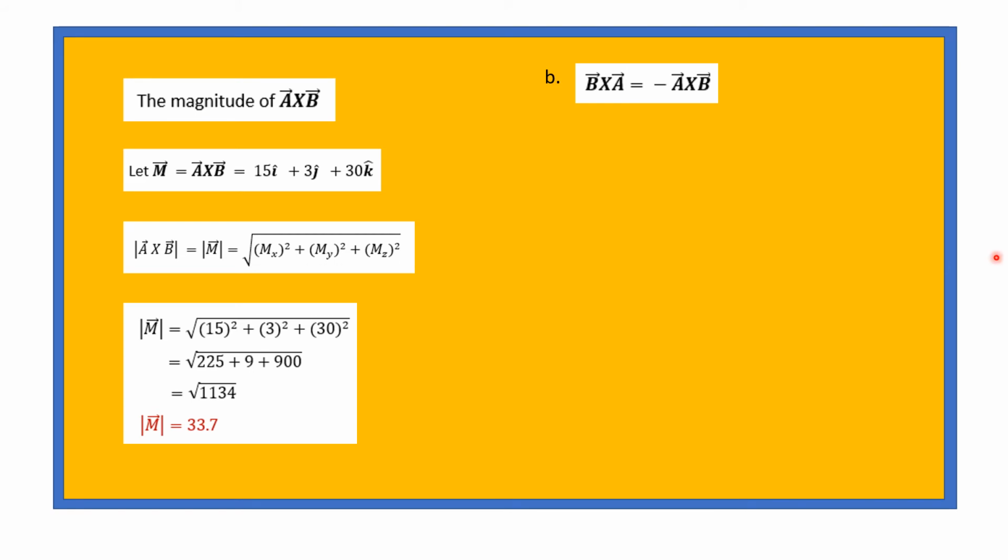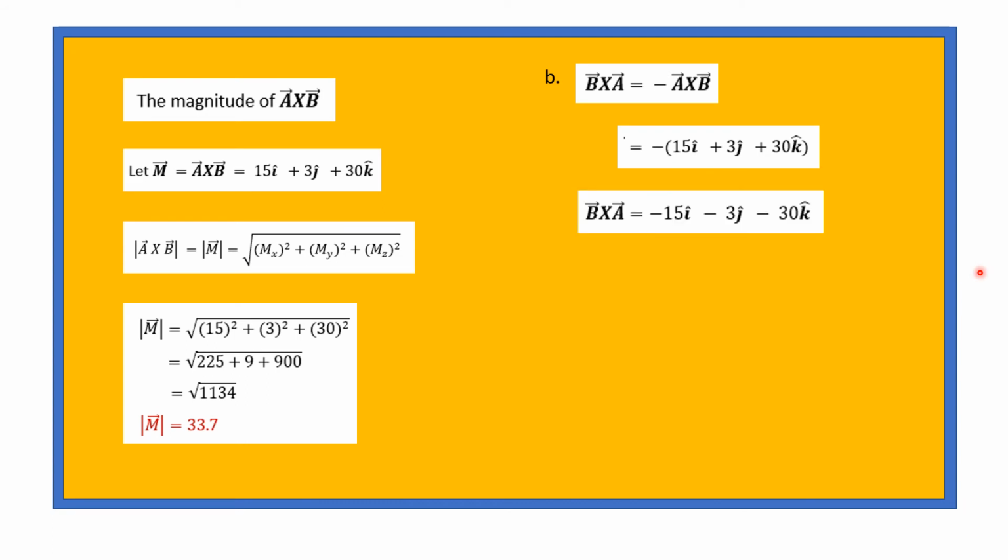So B cross A equals negative 1 multiplied by the cross product A cross B. We have this result for A cross B: 15 i hat plus 3 j hat plus 30 k hat, times negative 1. Just distribute the negative sign, so we have negative 15 i hat minus 3 j hat minus 30 k hat.